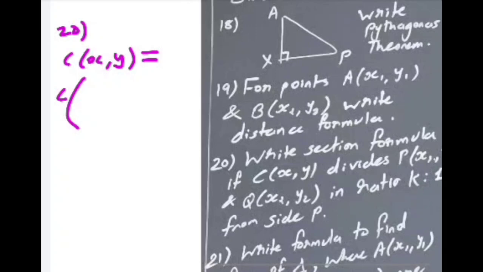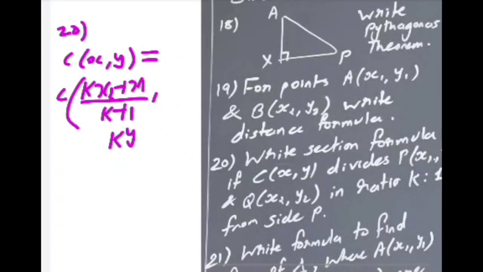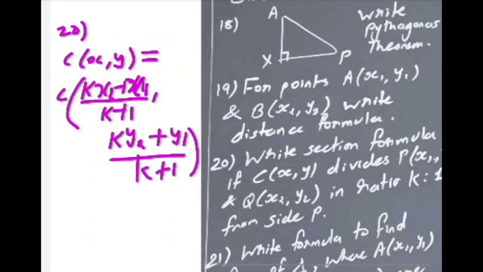So it will be (kx2 plus x1) upon (k plus 1), comma (ky2 plus y1) upon (k plus 1). In whichever term the ratio is given, the formula is written in that term. Okay, this is x1. So (kx2 plus x1) upon (k plus 1), (ky2 plus y1) upon (k plus 1). Okay.